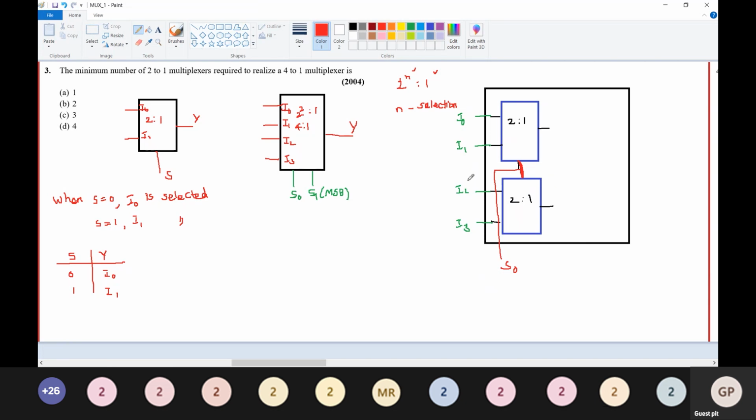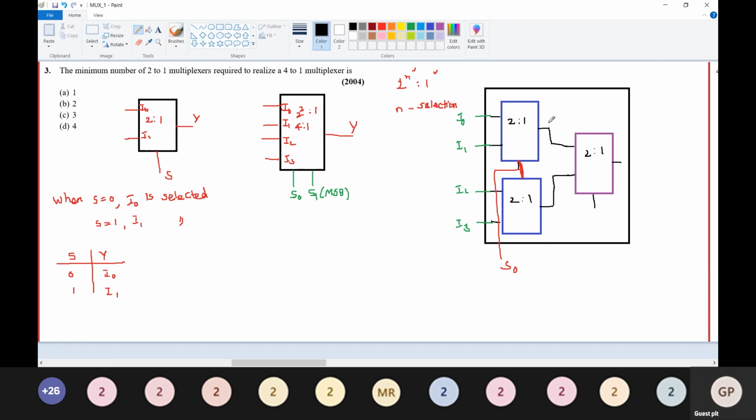A mux should have only one output, so I'm going to take another 2:1 mux, which has two inputs, one selection line and one output. The output of the first mux is connected here, and the output of the second mux is also connected here.